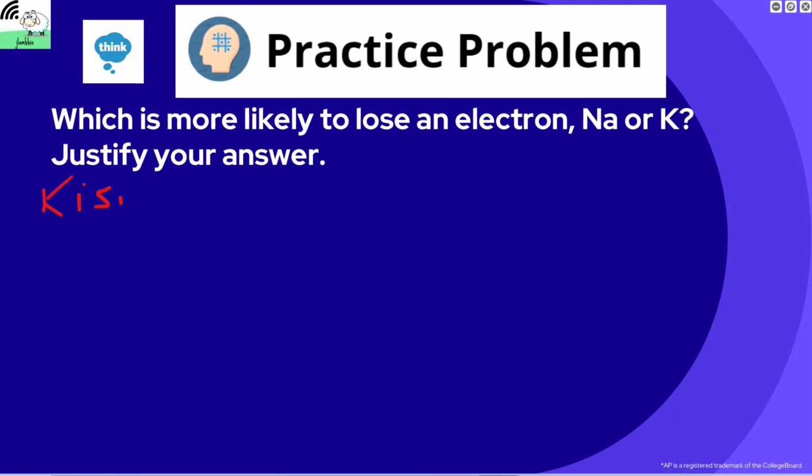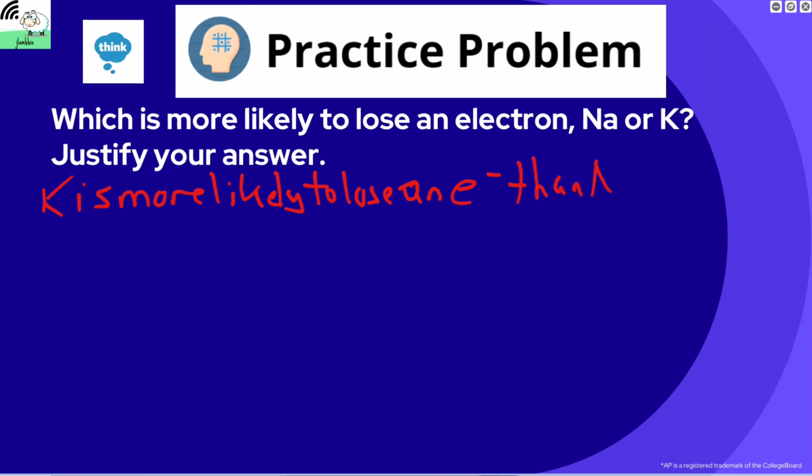is more likely to lose an electron. I'm going to abbreviate here just because of space. Do not abbreviate on an AP exam, dear God. But K is more likely to lose an electron than Na.